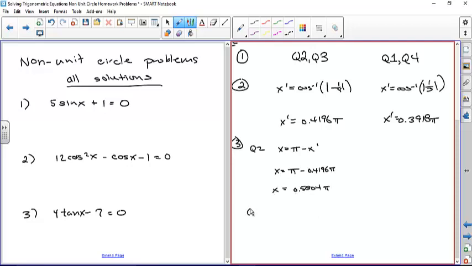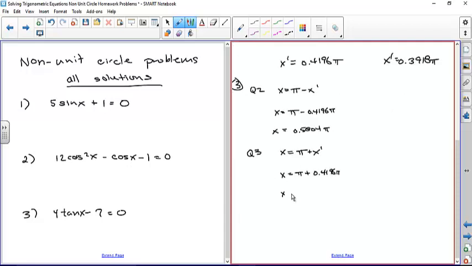So that's my second quadrant solution. My third quadrant solution is pi plus the reference angle. So that's pi plus 0.4196 pi, which I can do in my head. You should be able to do in your head too. It's 1.4196 pi. So that's my third quadrant solution.